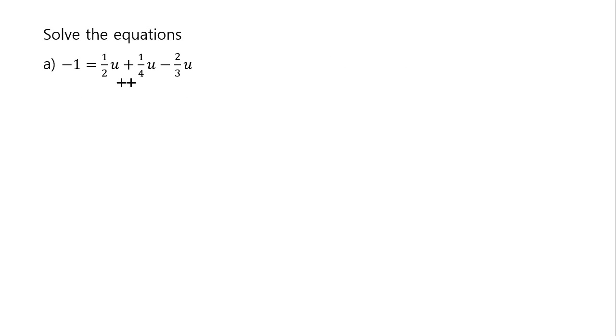So here the denominators are 2, 4, and 3. And least common multiple means it's the smallest number which is divisible by 2, 4, and 3. Among the multiples of 2, 4, and 3, what's a common number?